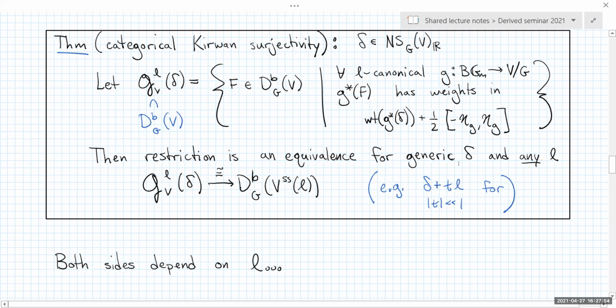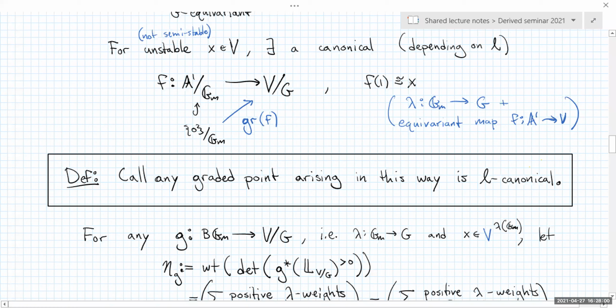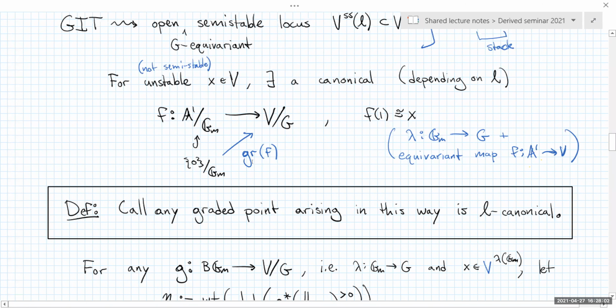Can I ask about the definition of L canonical points? You had them earlier when the map from BGM goes to an unstable point. Is that still in the definition, or are you allowing any? Yeah, okay. So an L canonical graded point is any point that's the associated graded of some Harder-Narasimhan filtration.